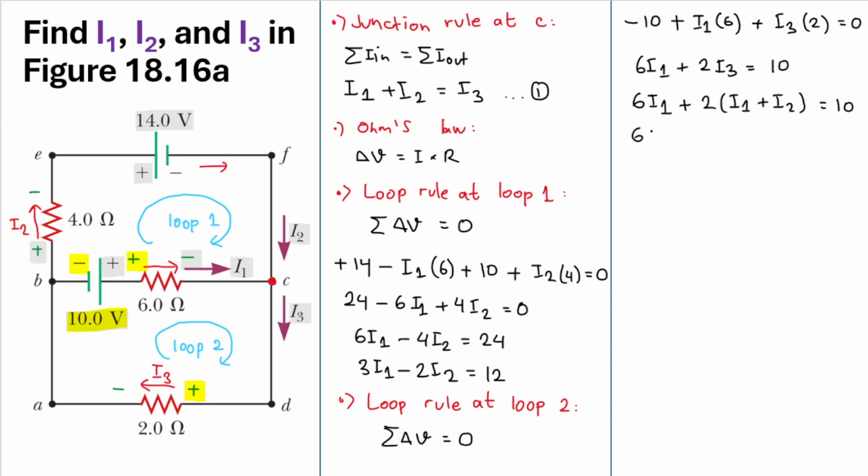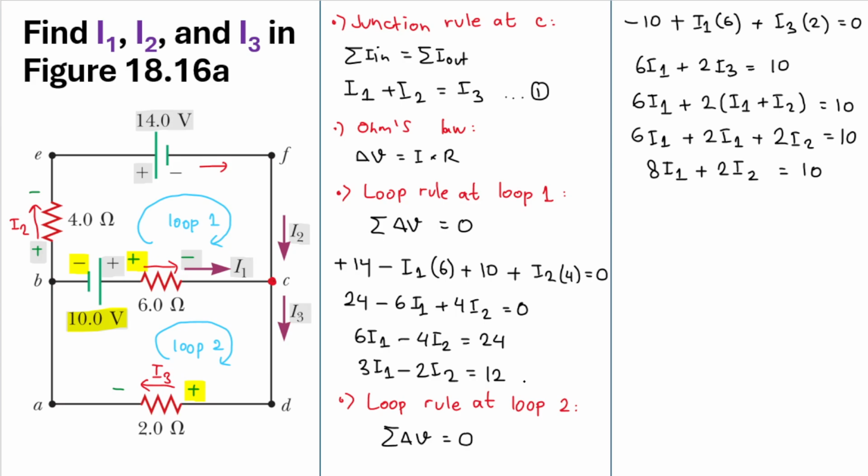Now we will have 6I1 plus 2I1, and then plus 2I2, and that will equal to 10. So we will have 8I1 plus 2I2, and that will equal to 10.